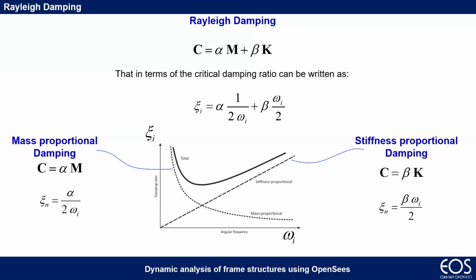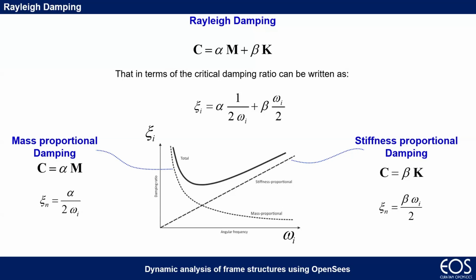Starting from this, it's pretty easy. You just have to pre- and post-multiply each term of this equation by the eigenvectors. You can do it by hand in 2 minutes. You massage the equation and you find it in terms of critical damping like this, okay?